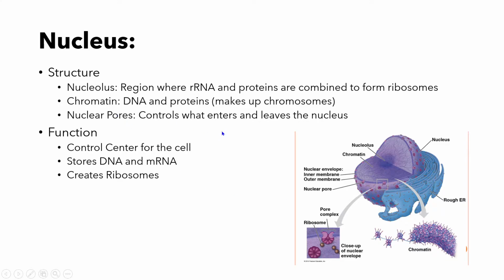The chromatin is a matrix of DNA and proteins, and this is what makes up the chromosomes in the nucleus. And we have nuclear pores, which control what enters and leaves the nucleus. The function of the nucleus is to be the control center of the cell, and it stores the genetic information, and it creates ribosomes.